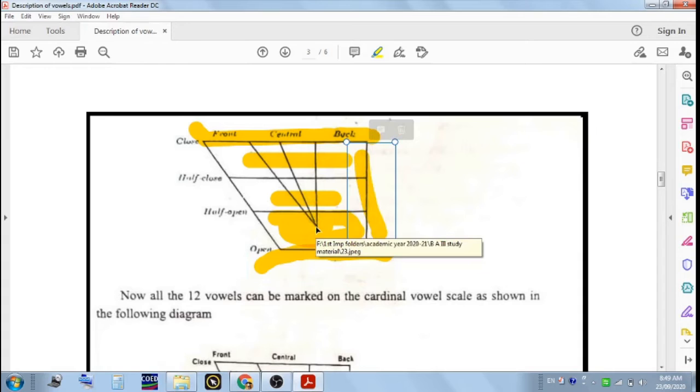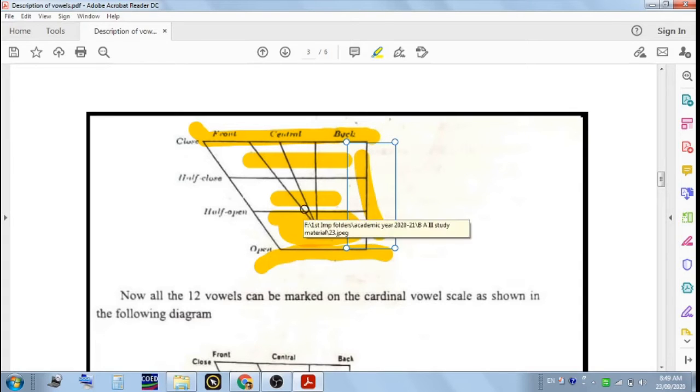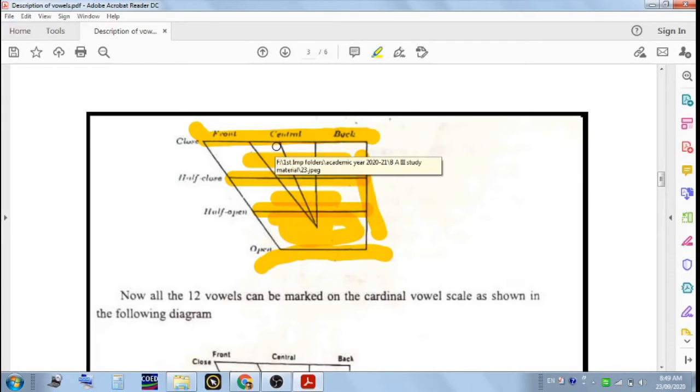So when it comes here, the position is open. See, when the tongue comes at this point, the position of the tongue is half open, here half closed, and here when it completely comes very close to the palate, it is almost closed. So the parts of the tongue are shown in this way: front, central and back.